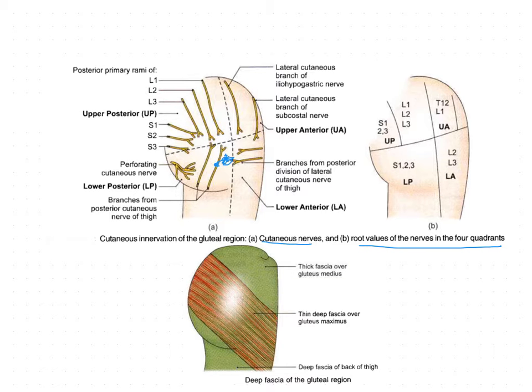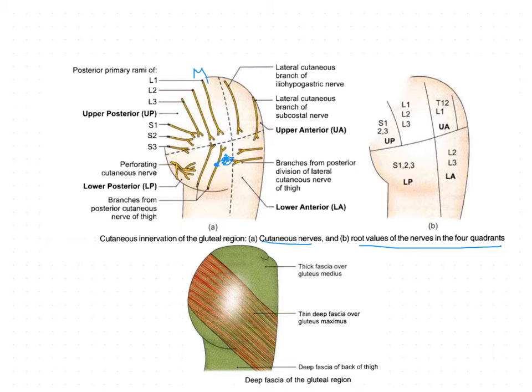Here the gluteal region is divided into 4 quadrants: upper medial and lateral, and lower medial and lateral. Now we can see the cutaneous branches.